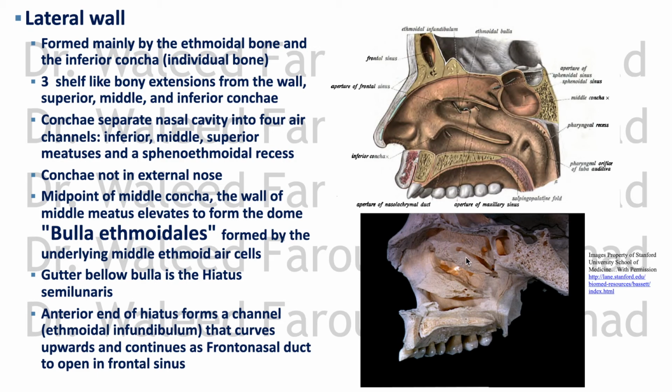This is the superior concha, and this is the superior meatus that receives the opening of the posterior ethmoidal air cells. And of course, the sphenoethmoidal recess, and again, I'm stressing this, does not belong to the lateral wall. It belongs to the roof of the nose and receives the opening of the sphenoid air sinus. Okay?